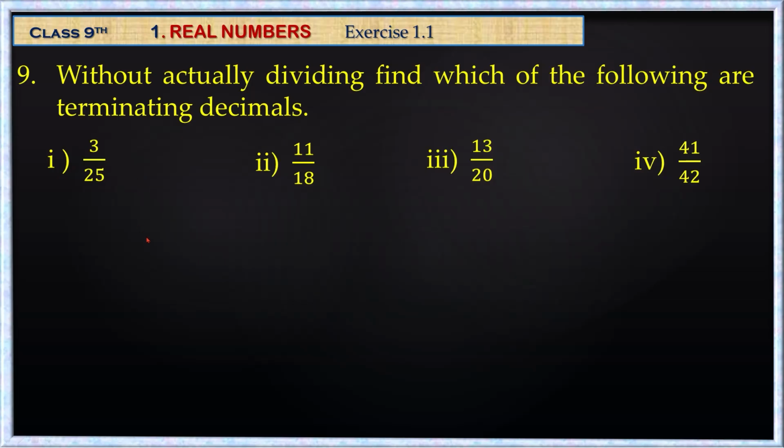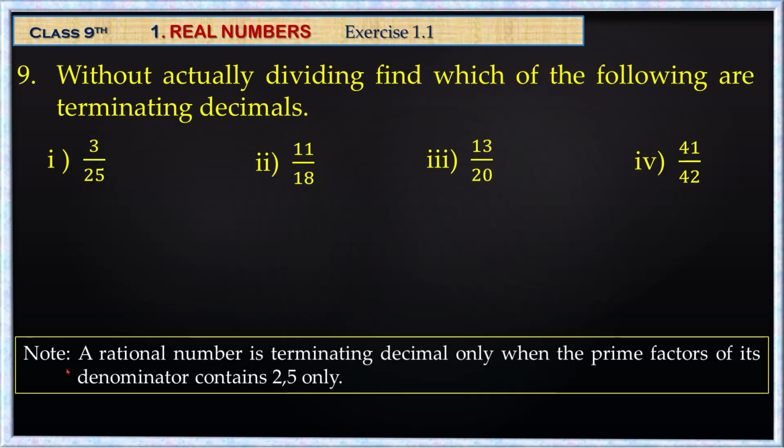So there is a clue that a rational number is terminating decimal only when the prime factors of its denominator contains 2, 5 only. So we have to find the prime factors of the denominators to say whether they are terminating or non-terminating. So let us solve this one.